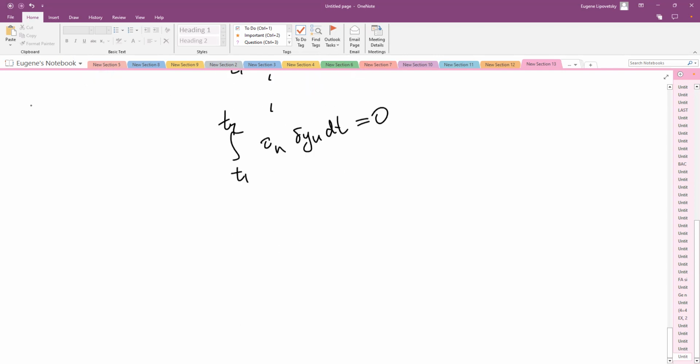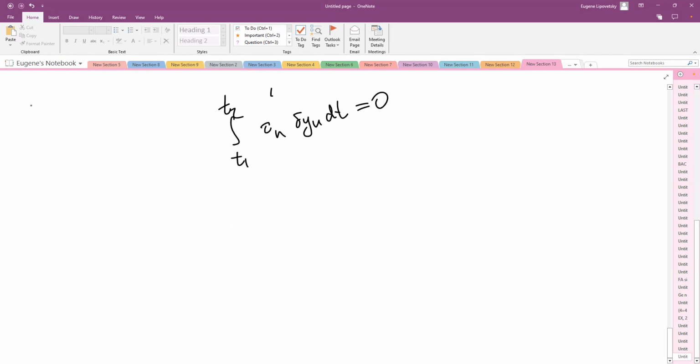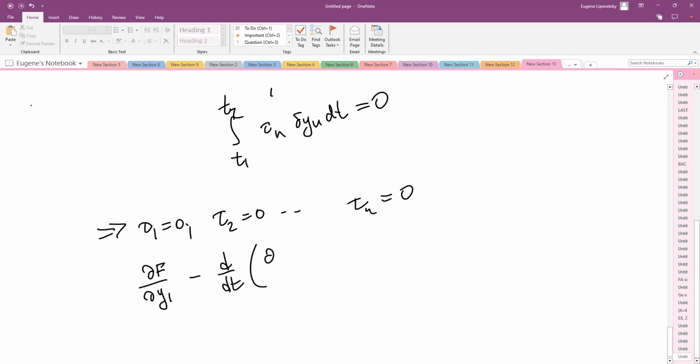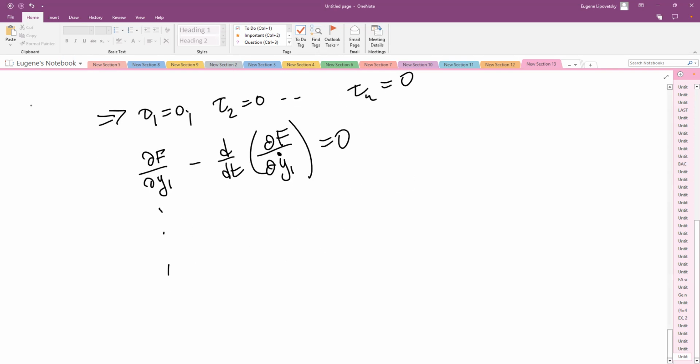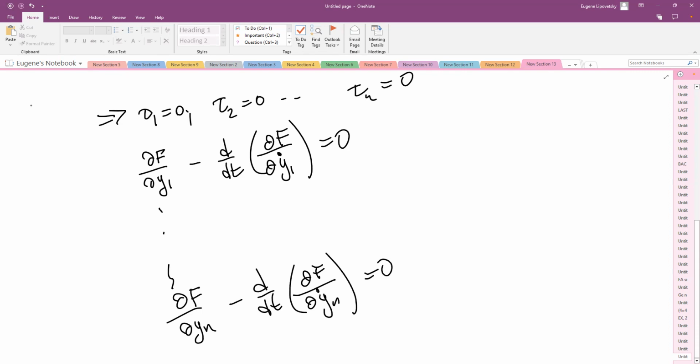And since these are arbitrary, it leads to tau 1 equals 0, tau 2 equals 0, etc., tau n equals 0, which means df over dy1 minus d over dt of df over dy1 dot equals 0, and all the way to the nth one, df over dyn minus d over dt of df over dyn dot equals 0.